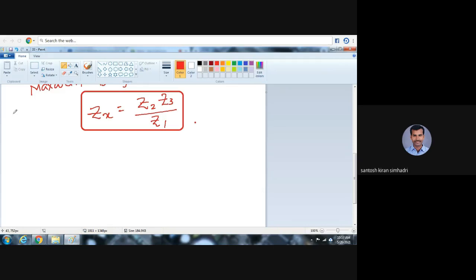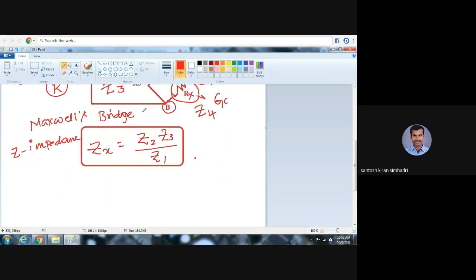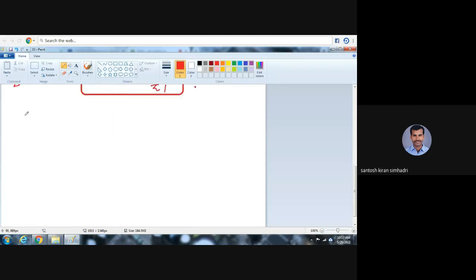Here Z can be treated as an impedance. Now, what is Z here? Z1 has two passive components.